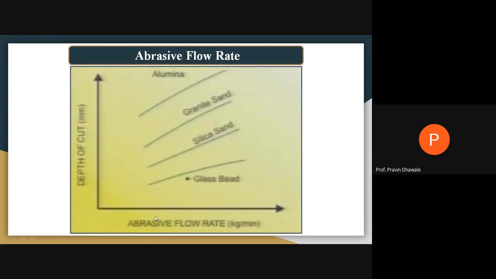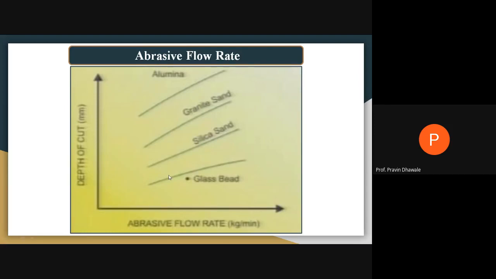We have to study the effect of the different types of abrasive particles, abrasive materials. As we increase the flow rate of the abrasive, definitely there will be an increase in depth of cut, and there will be a different depth of cut for the different types of abrasive particles.